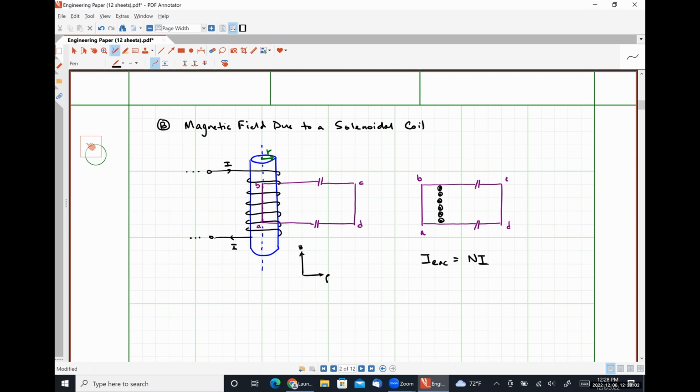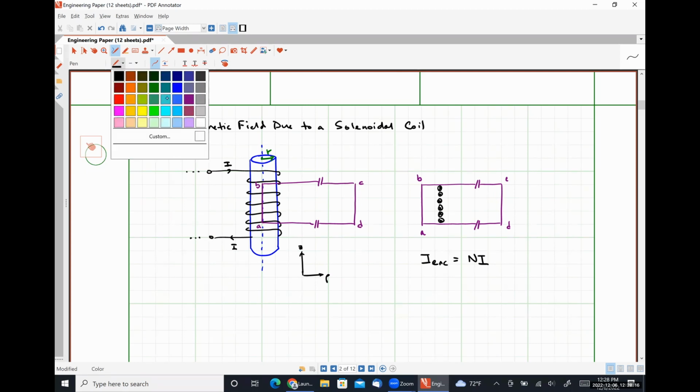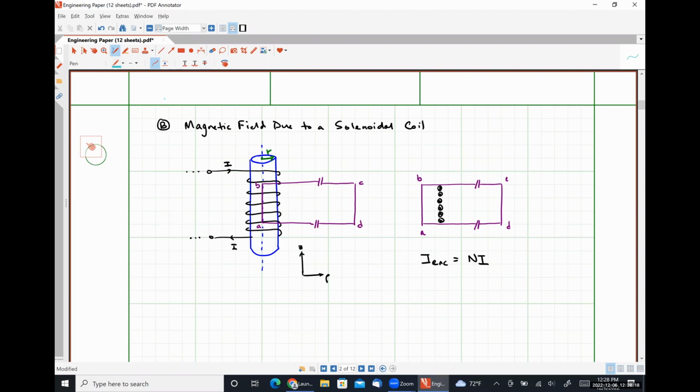Now, we don't know anything about the magnitude of the magnetic field yet, but what direction do you guys think it's going to have? So if we use the right-hand rule with our thumb pointed into the board, to the right, we can see that it's going to be pointed down, right? So pointed down.